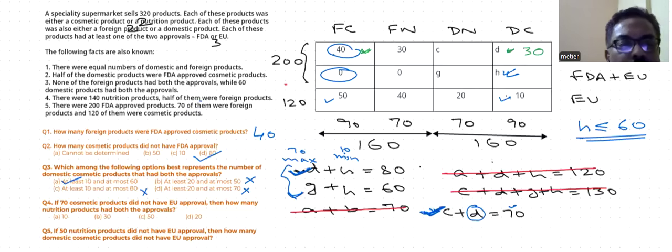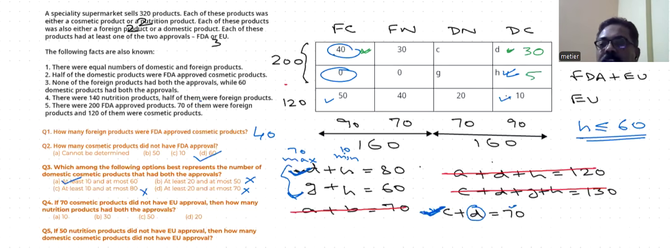Next, how many nutrition products had both the approvals? Now check. If D is 30, then H will be 50.